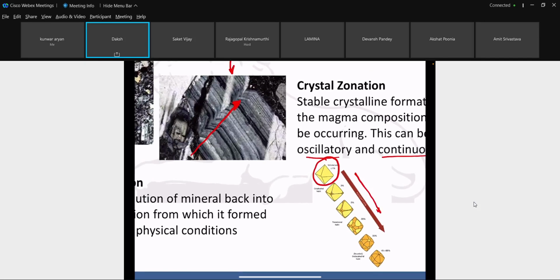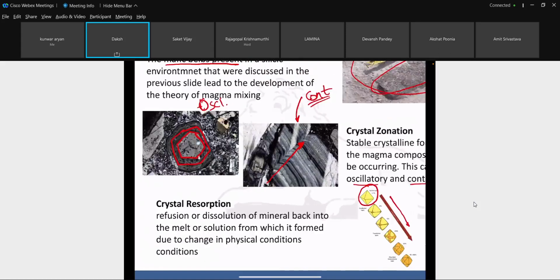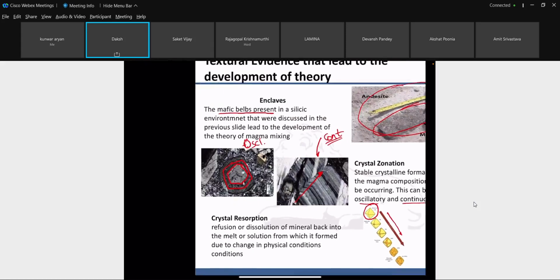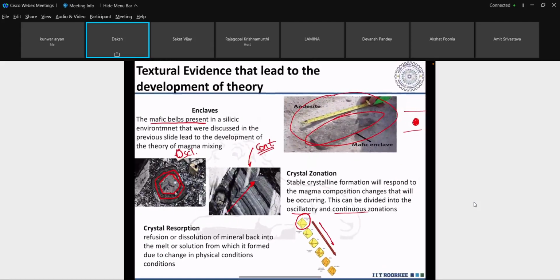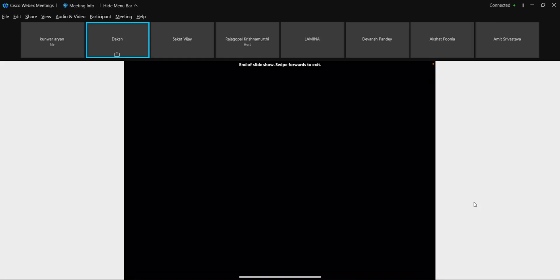So resorption was also a textural evidence for the whole magma mixing theory. So summing up, this was the seminar that I had. This is just the basics of what magma mixing is and the various ways and methodologies that define the whole process of magma mixing.